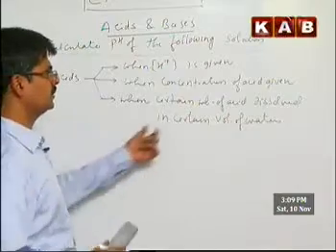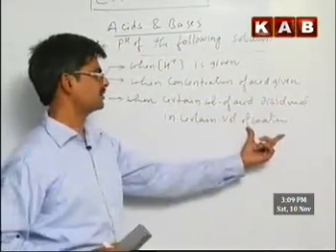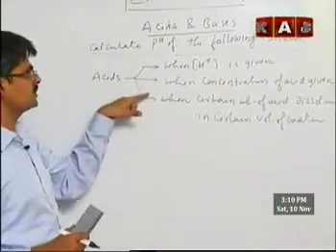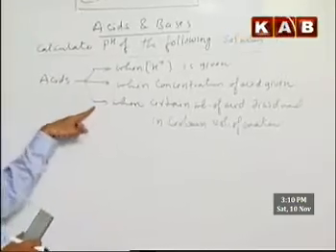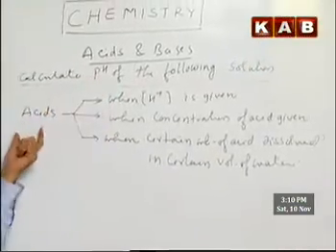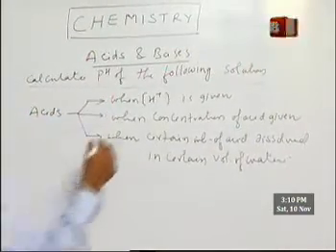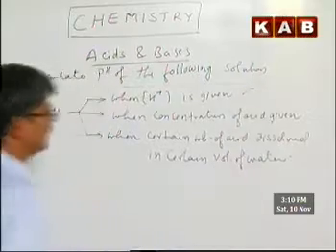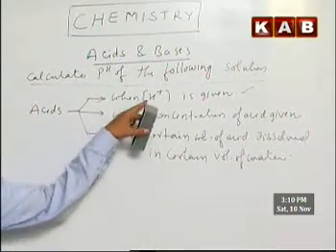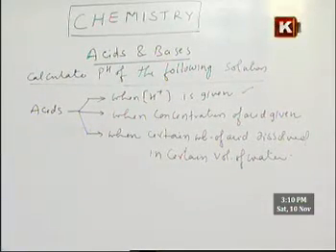So when certain weight of an acid dissolved in certain volume of water is given to us. So these are the three different cases which we come across regarding the calculation of the pH value for acids. So first we will take up this one, that is to say directly when hydrogen ion concentration is given, how to calculate the pH value of a solution.